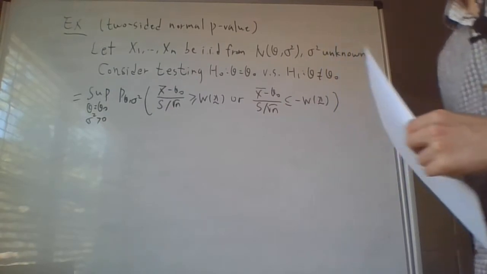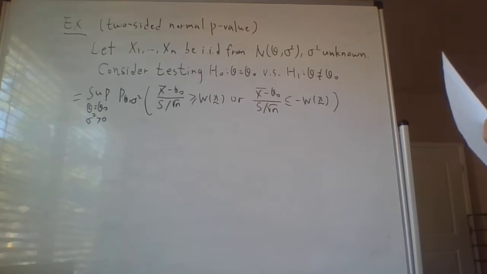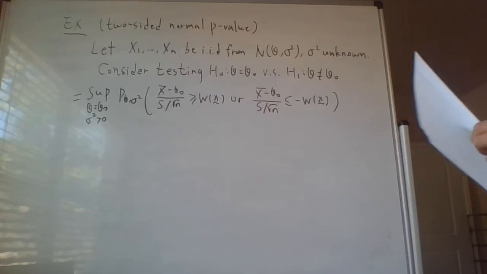If you take out the absolute value, then we have x bar minus theta 0 divided by s divided by square root of n greater or equal to W(x), or x bar minus theta 0 divided by s divided by square root of n less than or equal to minus W(x).